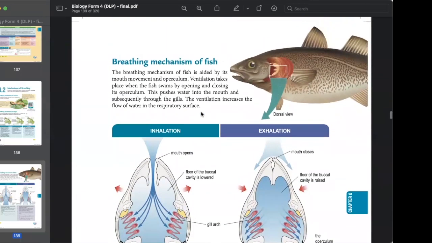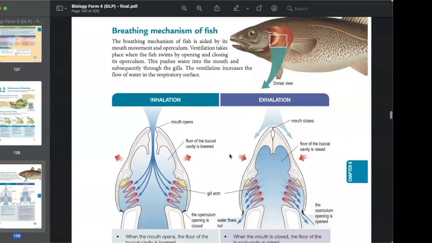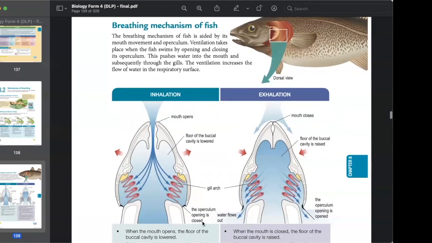So during inhalation, when the mouth opens, the buccal cavity will be lowered and the operculum opening is closed. Maksudnya tulang pipi dia akan tertutup.